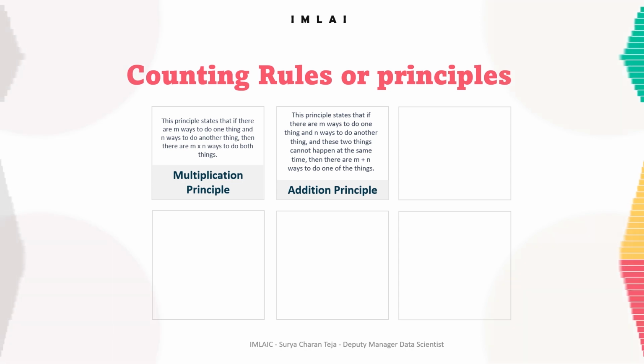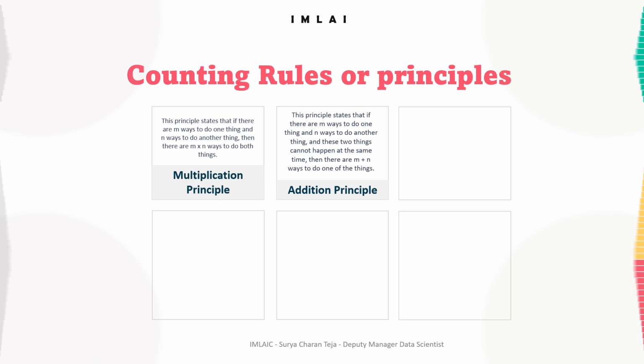Based on what you require, the addition principle states that if there are m ways to do one thing and n ways to do another thing, and these two things cannot happen at the same time, then there are m plus n ways to do one of the things. Note that point: one of the things.